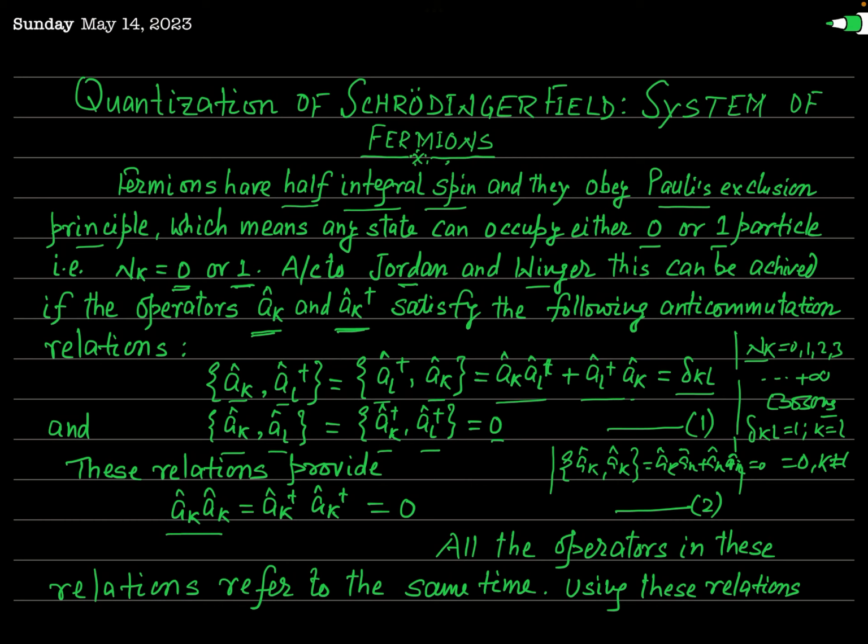In a similar manner, a_k hat dagger times a_k hat dagger is also equal to 0. Okay. So from this equation 1 it is evident that this result will also hold, that a_k hat squared is the same as a_k hat dagger squared, and that is equal to 0.